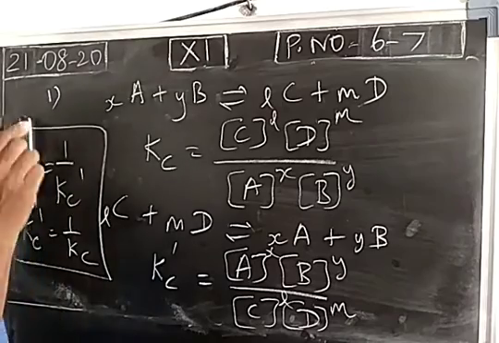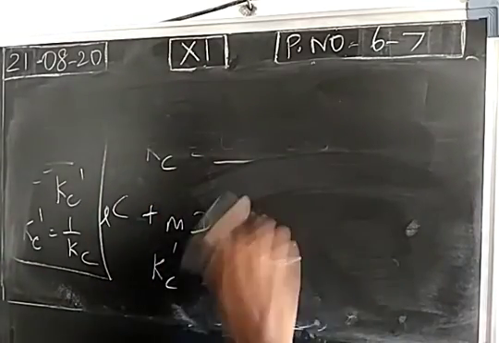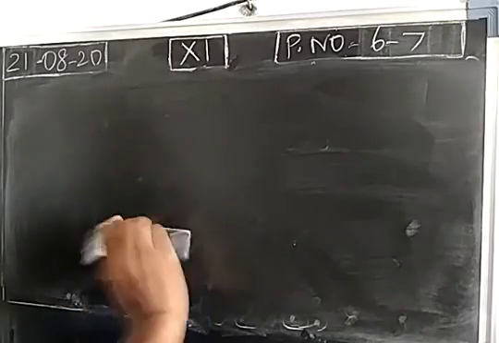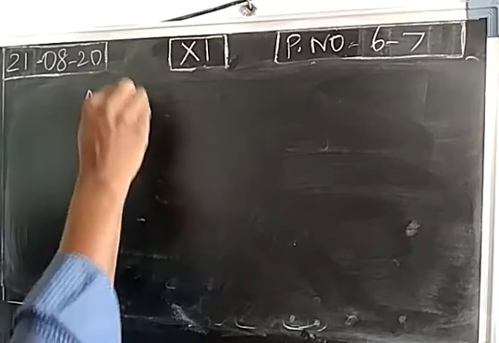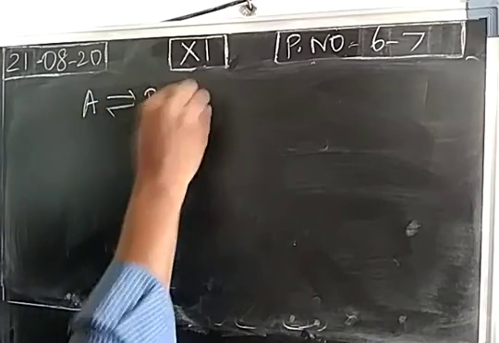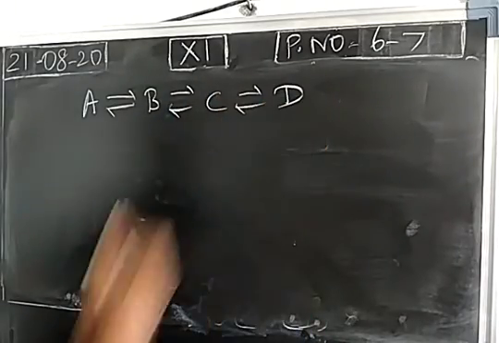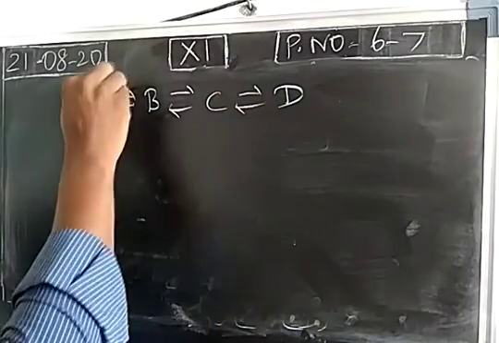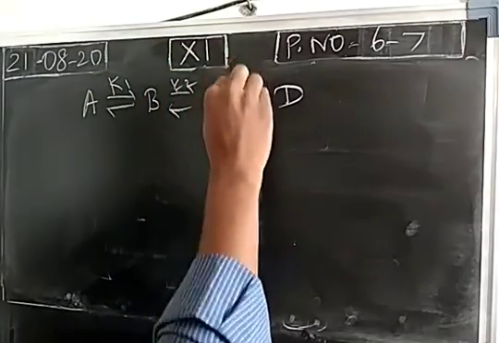Next one. Substance A provides B, B gives C, substance C gives D. The equilibrium constant for each step is given as K1, K2, K3.